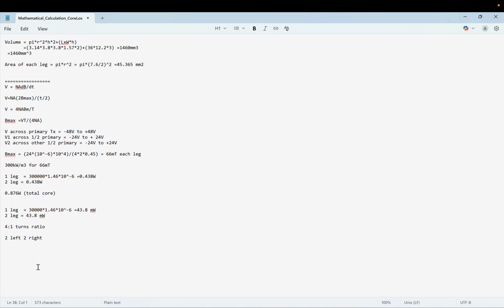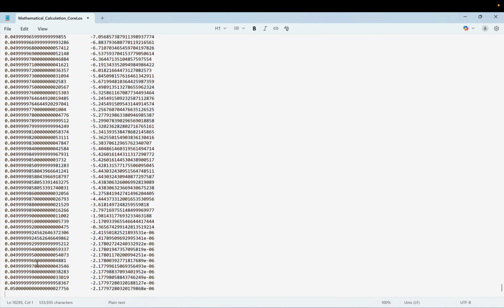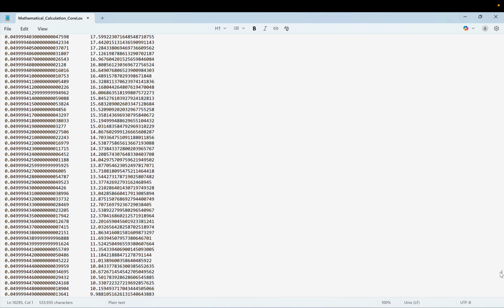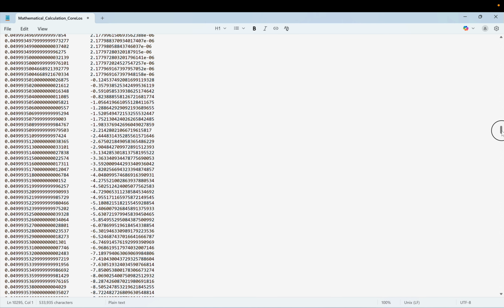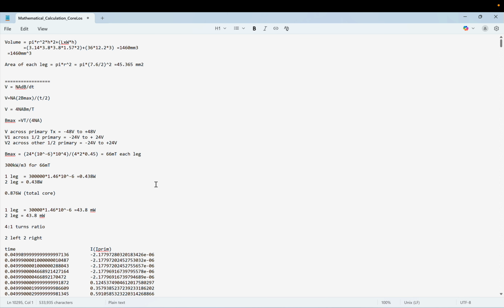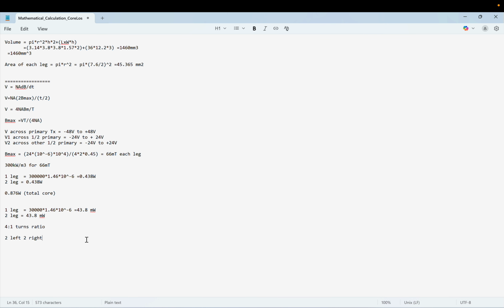If I copy it, it will show something like this. This is how the data looks like. The problem is it's starting from 49 microsecond, which ANSYS will complain about.